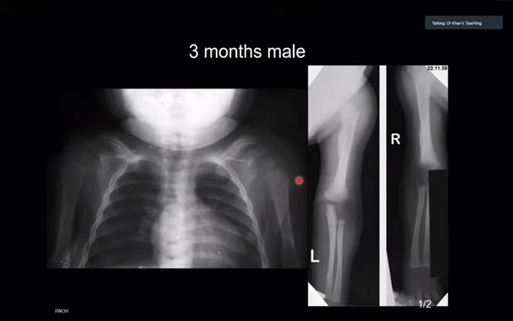Okay, so this case, if you see, is in the differential diagnosis which I have already gone through when we were considering the syphilis case, bilateral symmetrical periosteal reaction. This is Caffey's disease, extremely important for the exam.